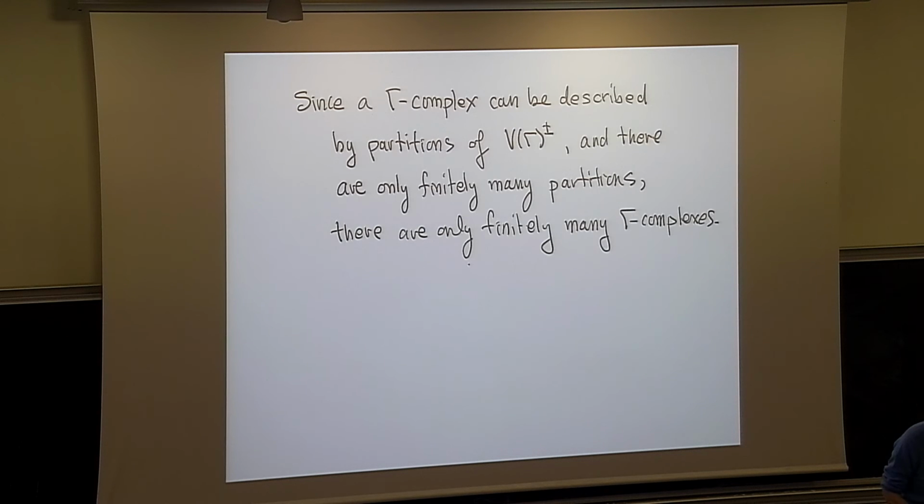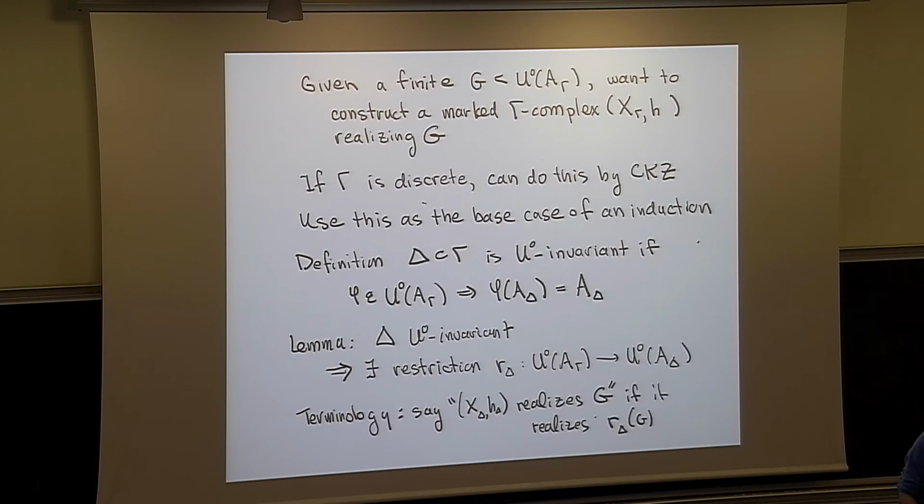Right. So if I can prove in 10 minutes that I can find a gamma complex that realizes any finite subgroup, I've proved that there's only finitely many conjugacy classes of finite subgroups. So how do you do this? You need to make a gamma complex.